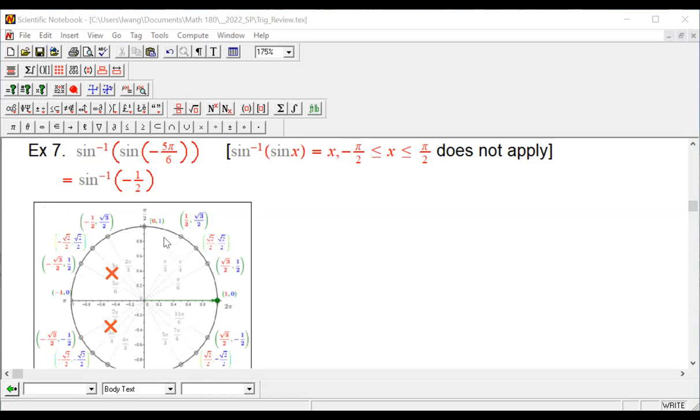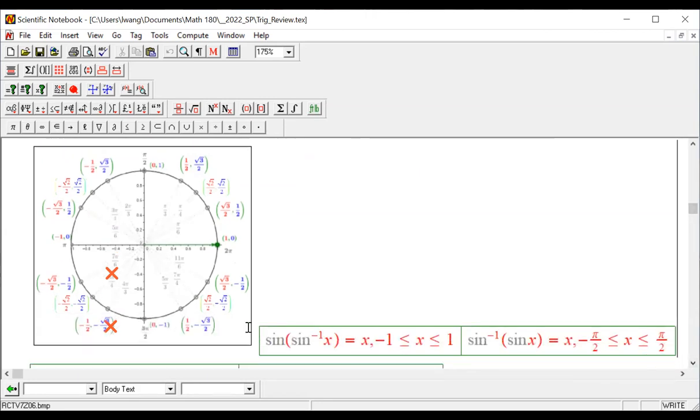Because between negative pi over 2 and pi over 2, negative half corresponds to negative pi over 6. So the final answer is negative pi over 6. Does that make sense? You can see we're constantly working with those things.